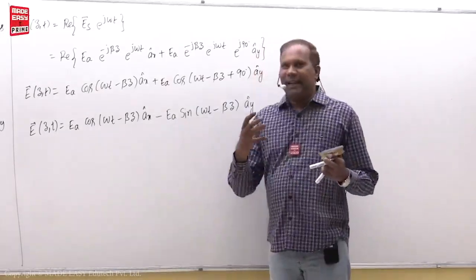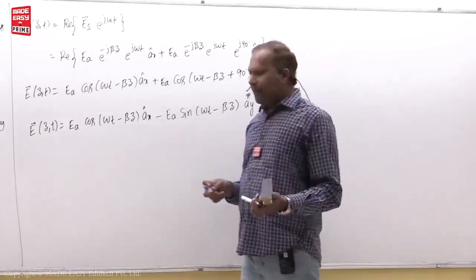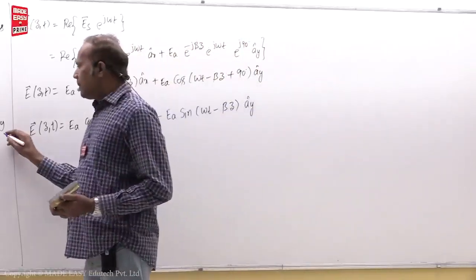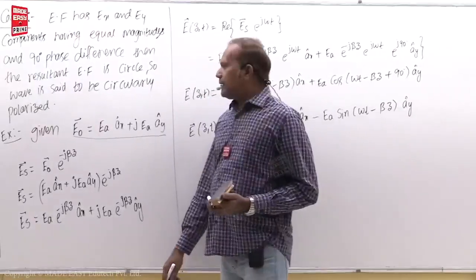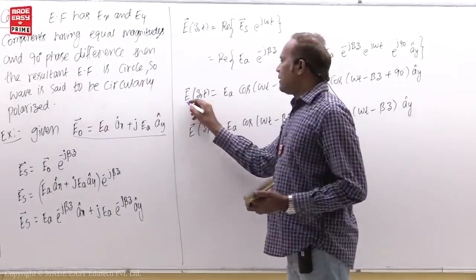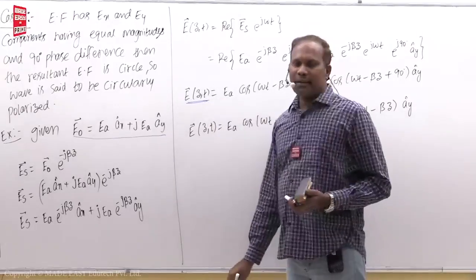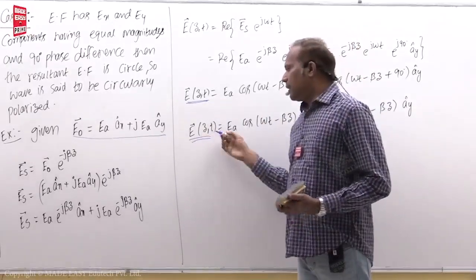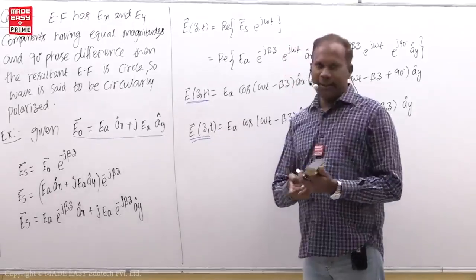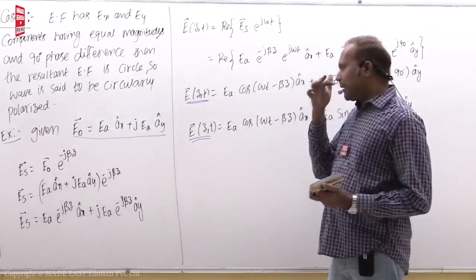The question can be given in three ways. One way is, in the exam they give this one and ask what the polarization is. In the second way, they can give this one and ask what the polarization is. In the third way, they can give this one and ask what the polarization is.